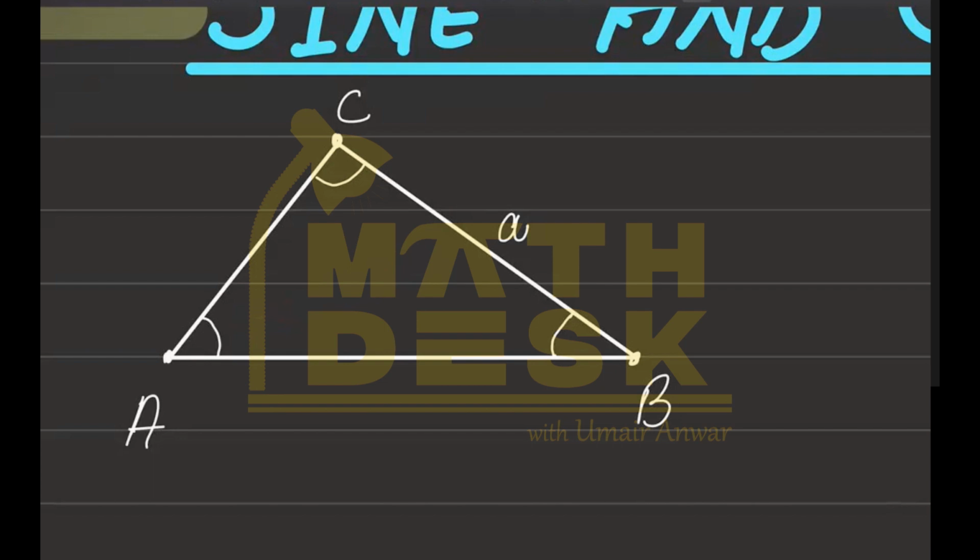Similarly, the side which is opposite of vertex B or angle B is side AC, and its length might be noted as small b. And lastly, the side which is opposite to vertex C or angle C is side AB, and its length might be noted as small c.